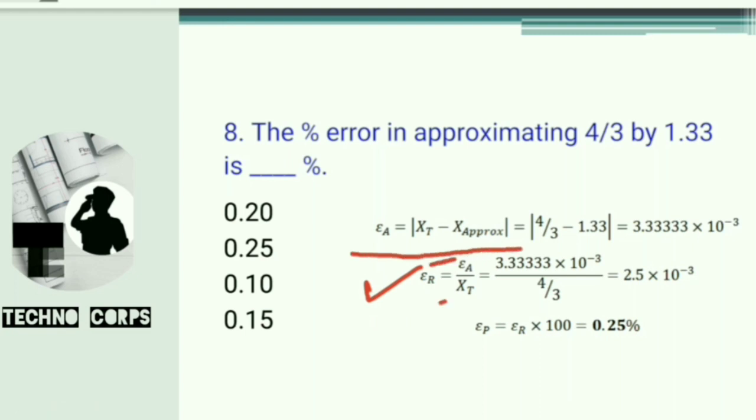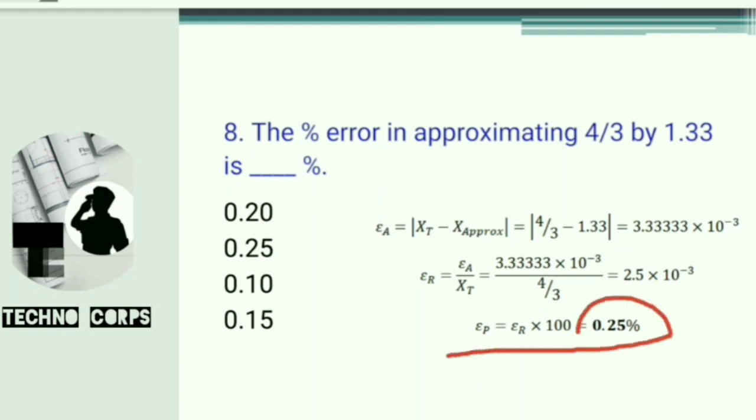Absolute error is the difference of true value and approximate value. Here in the question, the true value is given as 4 by 3 and the approximating value is 1.33. So by putting all these values, we got the answer for relative error as this, and multiplying this factor by 100, we got the percentage error. That is 0.25%. So this is one of the answers in the given options.